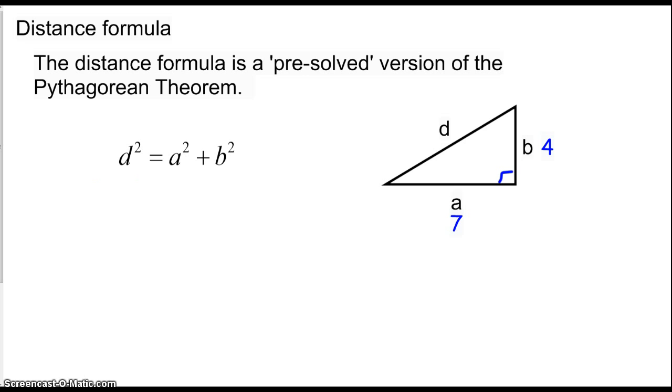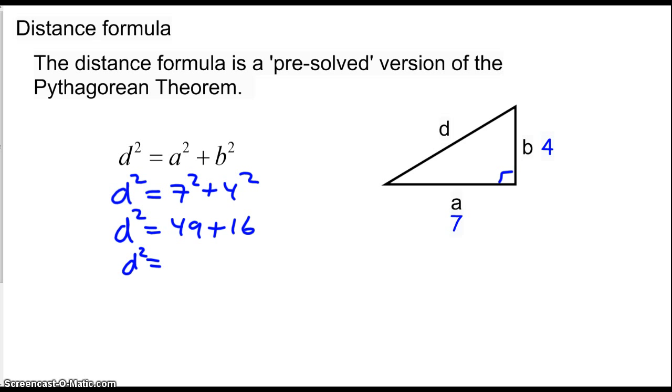because that's what we're going to call it when we do the distance formula. Okay, so in this case, I would have an unknown length d squared, and let's say that a and b were 7 and 4. So this would be 7 squared plus 4 squared. So d squared is 49 plus 16, and that's going to be 65, right?